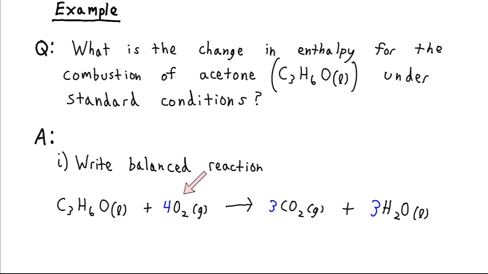And when we do that, the carbons are going to convert into carbon dioxide, and the hydrogens are going to convert into water. And some of these oxygens come from the acetone, and some of them come from the oxygen in the atmosphere. Now, if we balance this out, 3 carbons here, 3 carbons here, 6 hydrogens here, 6 hydrogens here, 9 oxygens here, 9 oxygens here. So it's a good balanced equation.